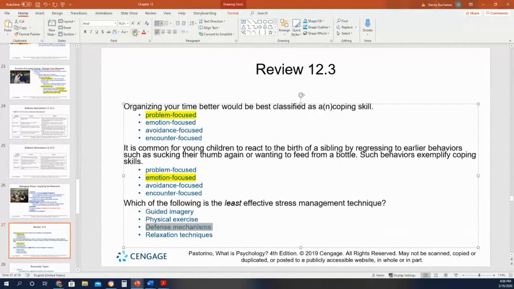So if you think about this, all these minus defense mechanisms are problem-focused. So defense mechanisms, emotion-focused coping, that tends to be less effective. So emotion-focused coping.